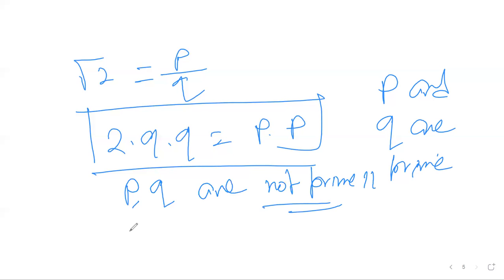Now, clearly if root 2 belongs to Q, then it gives me a contradiction. So root 2 cannot belong to Q. But in reality root 2 exists.